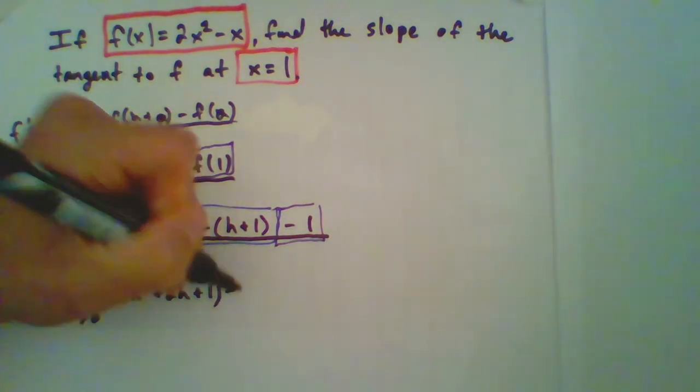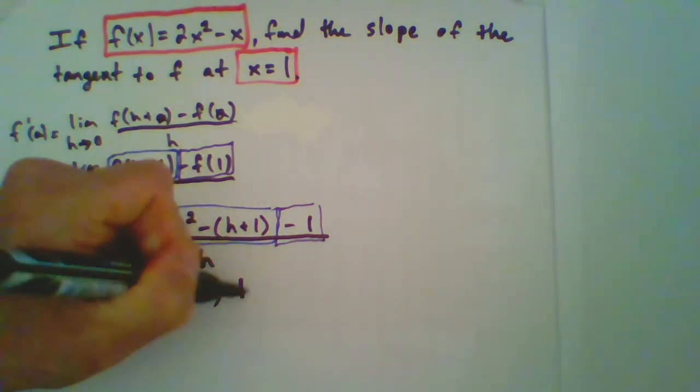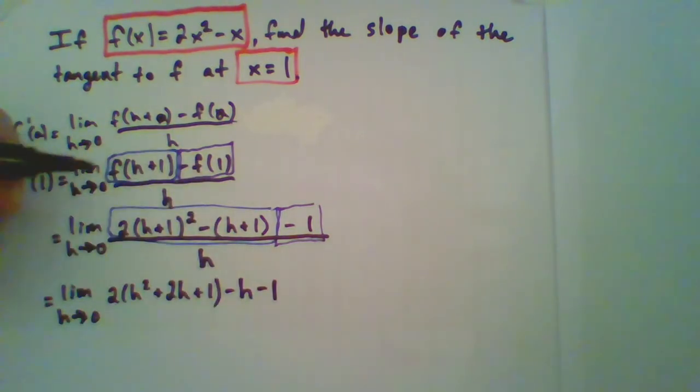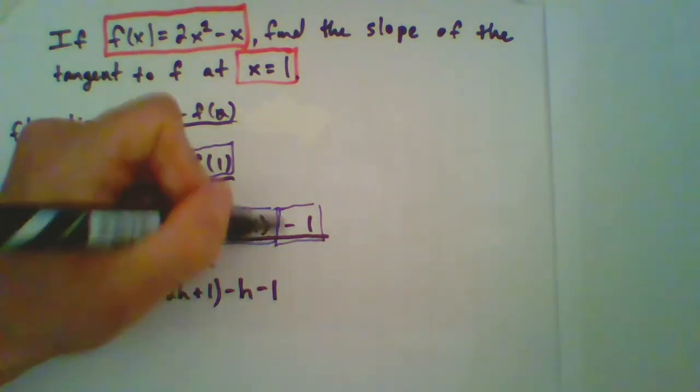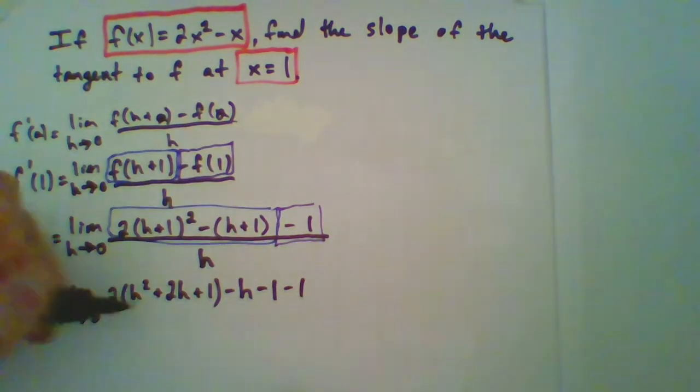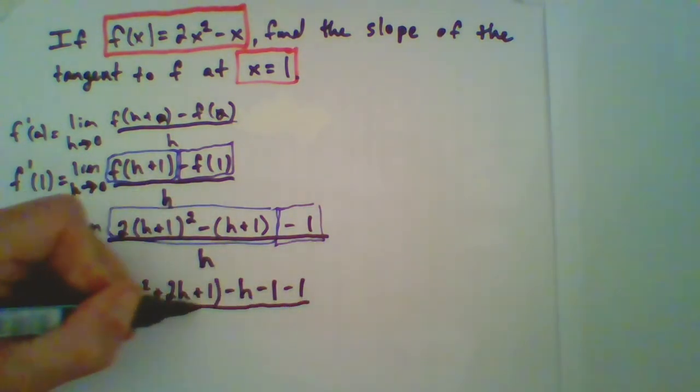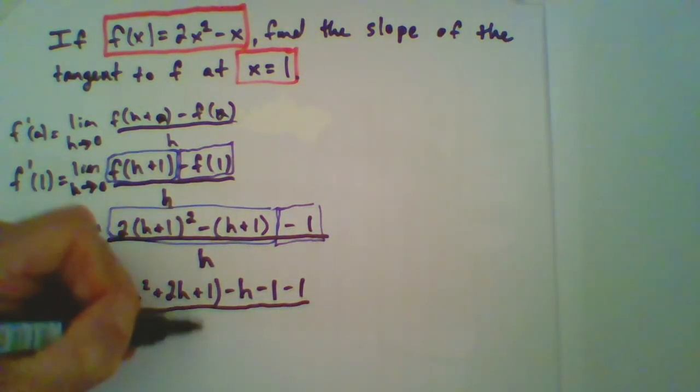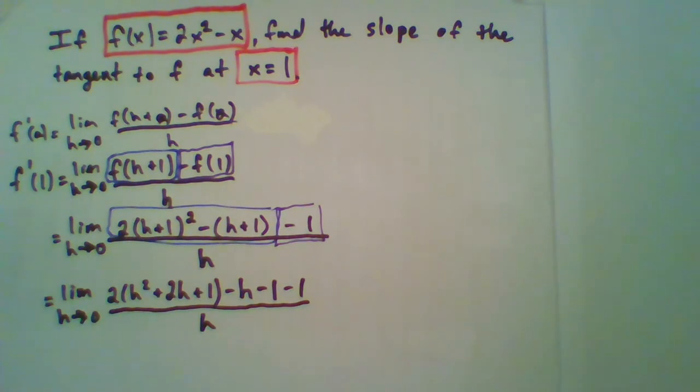So that'd be minus h minus 1. And then we still have this negative 1 here, so subtract 1, over h. Okay, I think I can move one step further down here, and then we'll have to start working to the right.